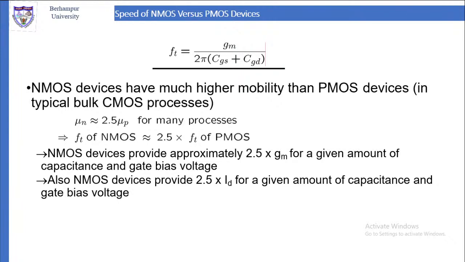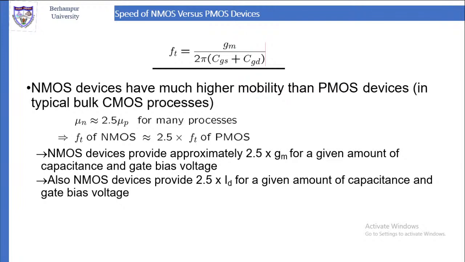That is why you find NMOS devices mostly in all of the ICs, integrated circuits; they mostly use NMOS compared to PMOS. So the extensive use of NMOS is because of this. In typical bulk CMOS processes, the NMOS device will have much higher mobility than the PMOS device.